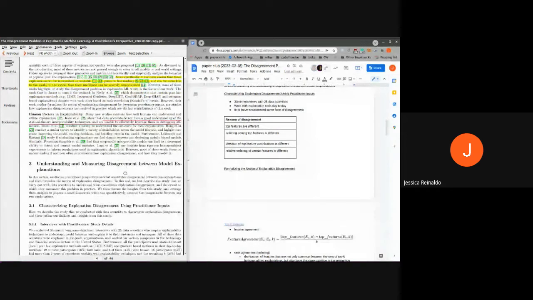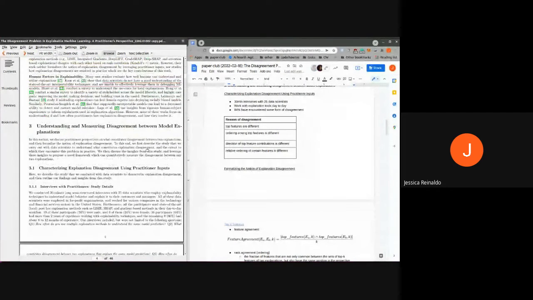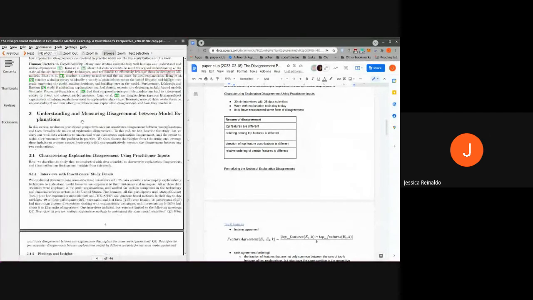So in the next section, they do interviews with 25 data scientists, 30 minutes each, to try to understand what these practitioners, who can be from industry or academia, consider to be disagreement when they have two explanations from these explanation tools.